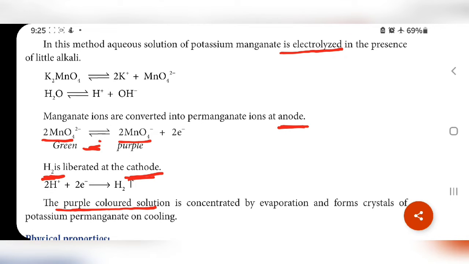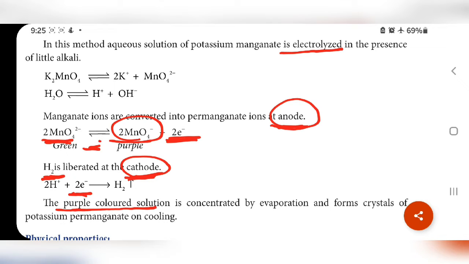Because at the anode usually oxidation only takes place. Oxidation means losing electrons. So, manganate ion loses an electron and is converted into permanganate ion. Hydrogen gas is liberated at the cathode because reduction only takes place at the cathode. Reduction means gaining electrons. Here H plus gained an electron and converted into H2.